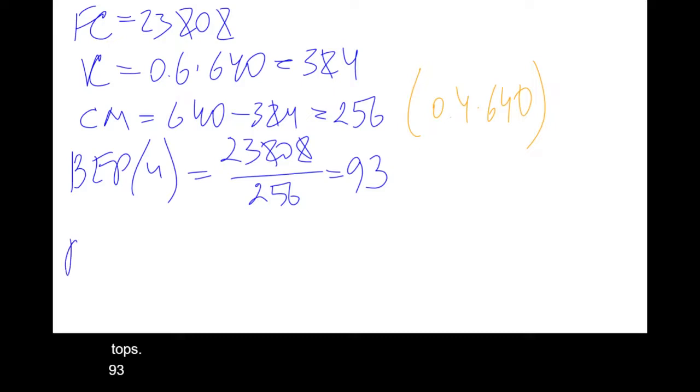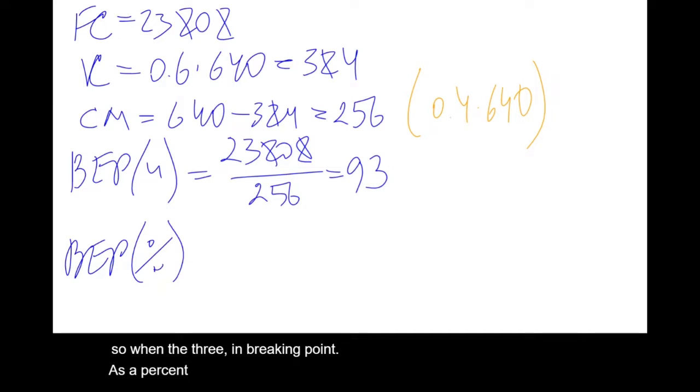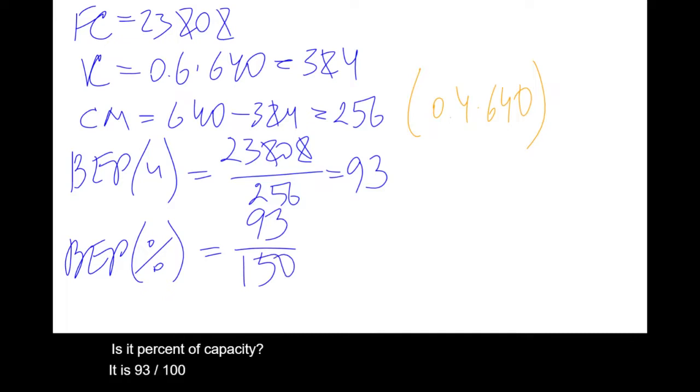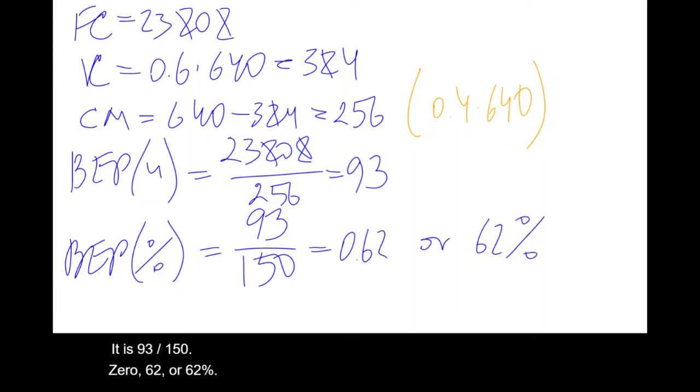So 93, and break-even point as a percent of capacity is 93 over 150, which is 0.62 or 62%.